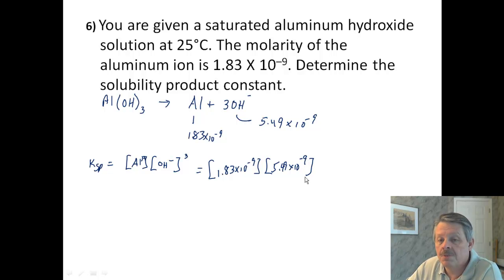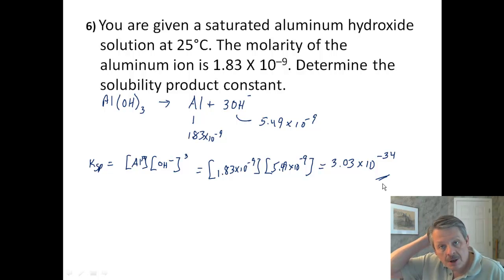This is going to be a very, very small answer, because -9 times -9 times -9 is going to be like times 10 to the -27th. And I had to take another -9 on top of that, so it's going to be 3.03 times 10 to the -34th. That's a very, very small solubility constant.